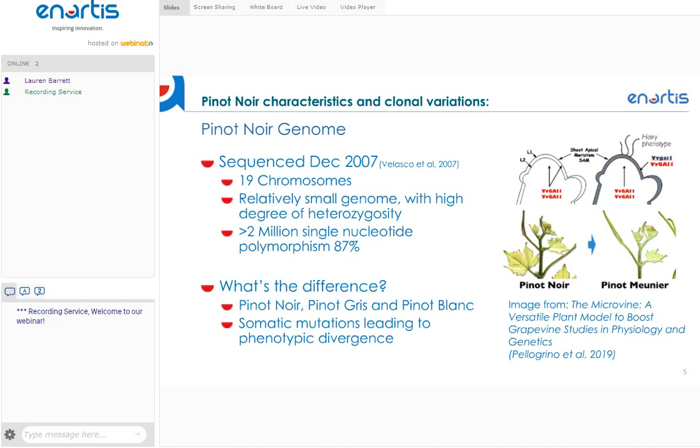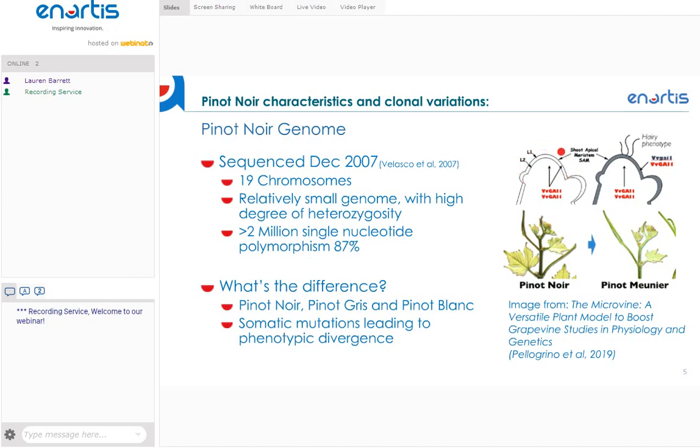What makes these different? A lot of these differences and divergence arise from somatic mutations, which lead to a phenotypic divergence. So here we have a picture of Pinot Noir on the right-hand side. This is the apical meristem, which is a point of growth and differentiation of various cells.